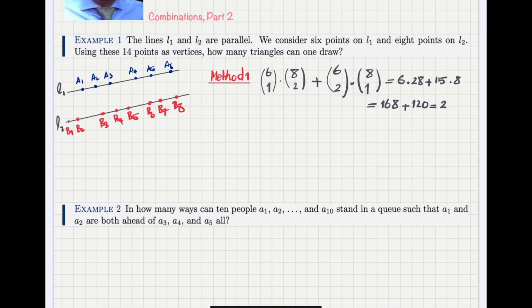I want to calculate it in a different way. Do you have any other strategy to solve the same problem? Can you think of using the complement rule in some way?